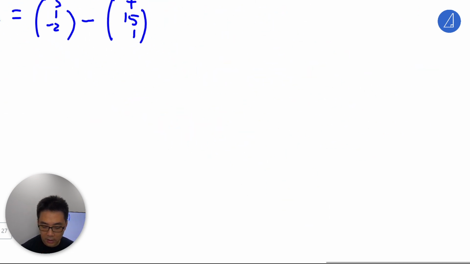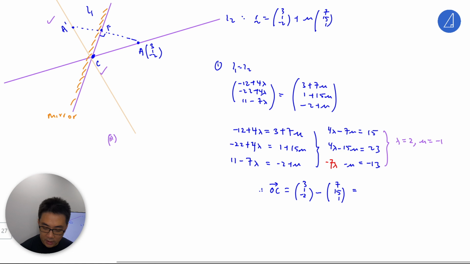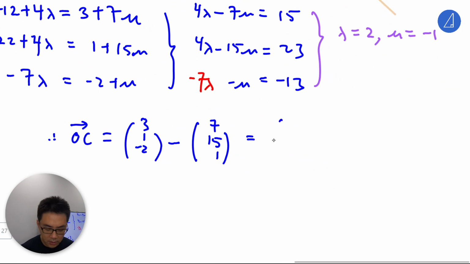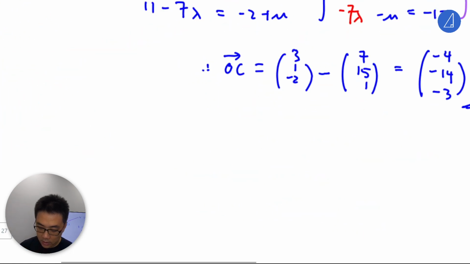Remember you already equated, then you just sub back. I think this is quite basic, so just make sure you know how to find the intersection between two lines. So negative 14. So hence the coordinates of C.